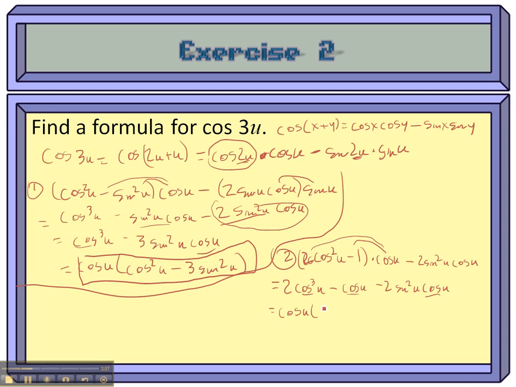Inside I'll have 2 cosine squared u minus 1 minus 2 sine squared u. And I might just group up these terms so that it looks a little cleaner. Cosine u, and in parentheses 2 cosine squared u minus 2 sine squared u minus 1.